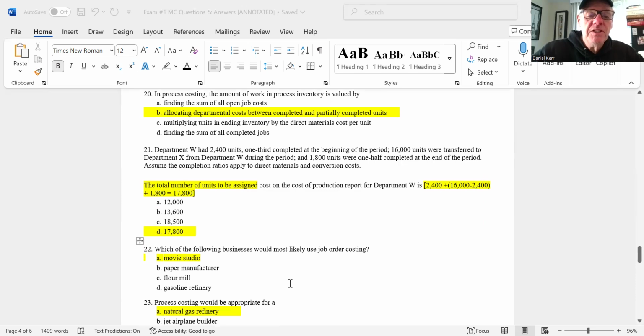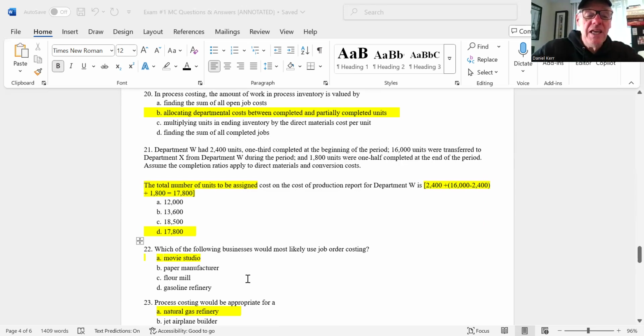22, which of the following businesses would most likely use job order costing? So job order costing is when you're tracing the cost of individual jobs. So a movie studio would most likely keep careful record of all the costs on each movie, as opposed to a manufacturer of paper or flour or gasoline, where you don't have customized products.